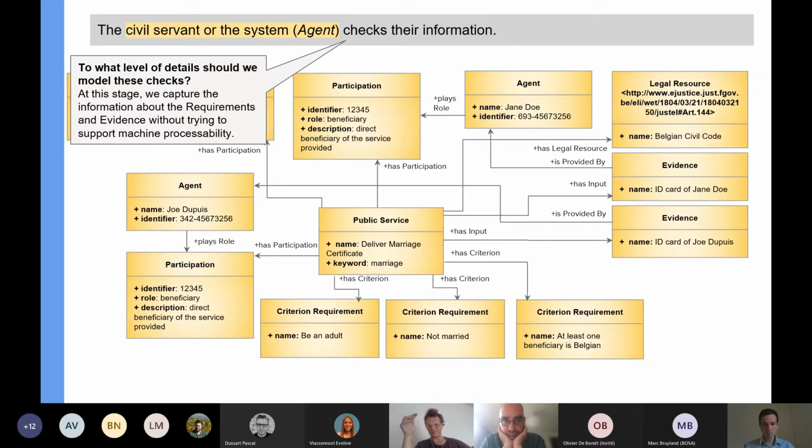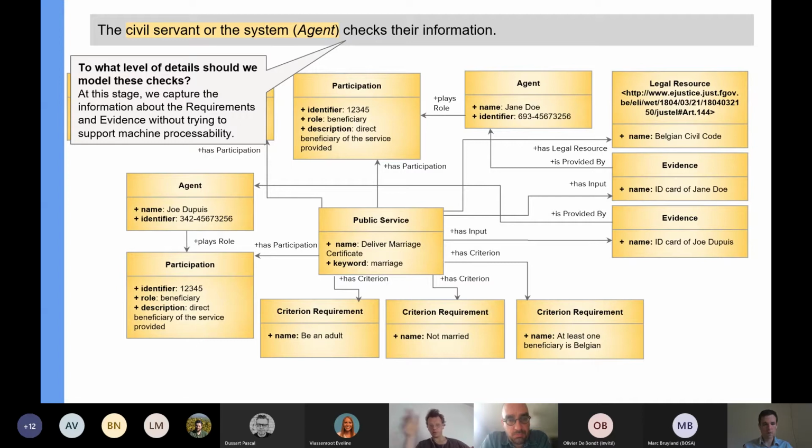If you follow me, because not every role in every public service delivery has access to every criterion requirement involved. I think not every partner or every agent has to have access to the ID card of Jane Doe. From their point of view, it's not even eligible, or it's not even allowed at some points.